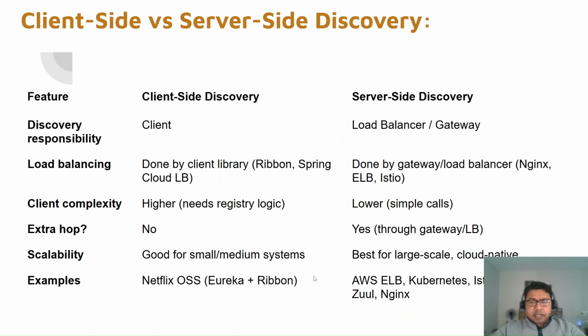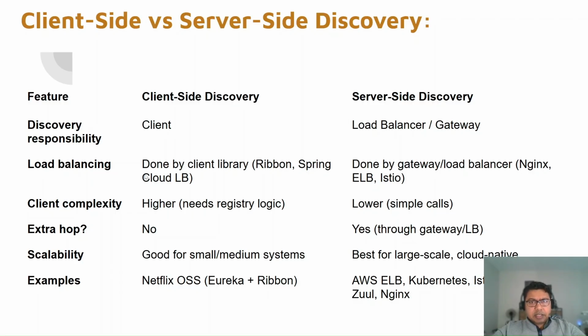So this is in a tabular format, all the differences between these two. Discovery responsibility: for client side discovery, it's with the client. For server side discovery, it's with the load balancer or the API gateway.